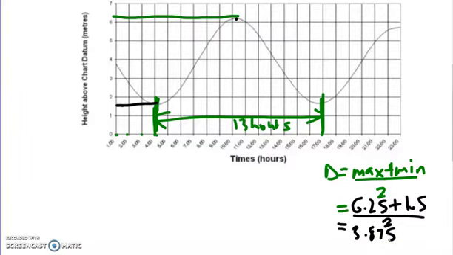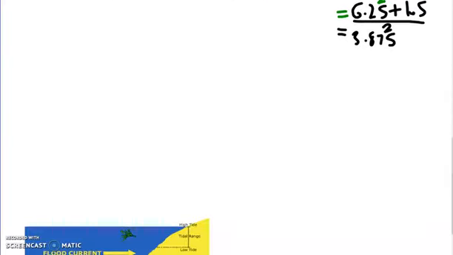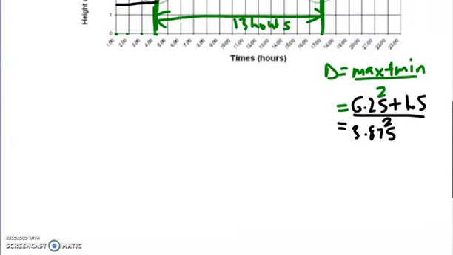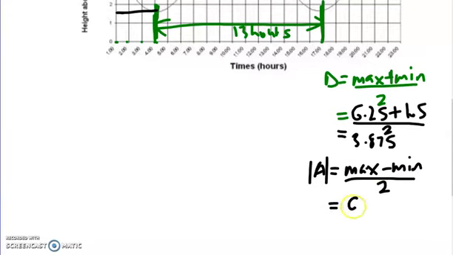Okay, so that is my D value, and then let's also do my A value. So the A value is max minus min divided by 2. In this case, that's 6.25 minus 1.5 divided by 2.